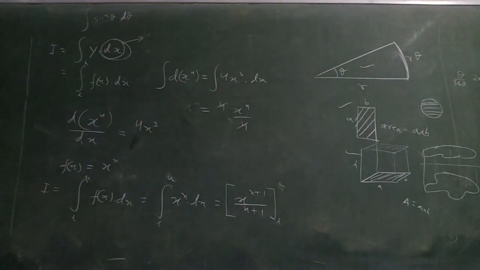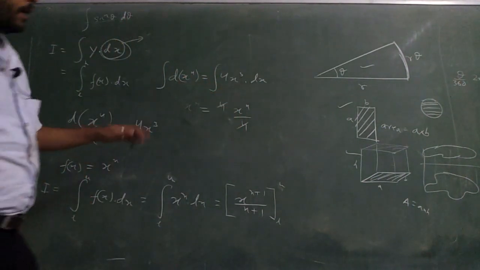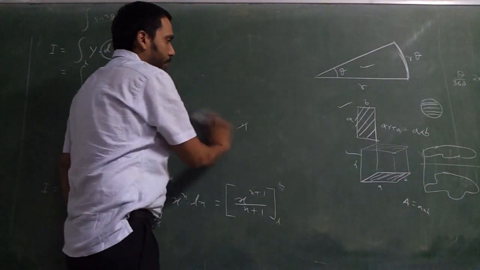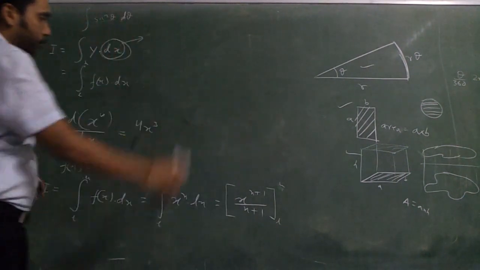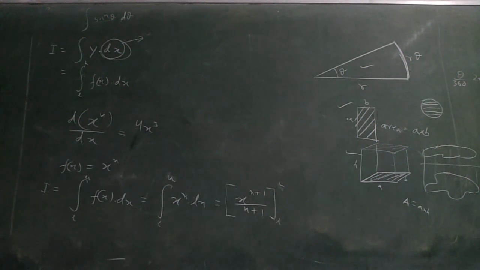Is it clear? But I'm not going to go into this right now. You will do this in detail when you are actually doing integration fully. What I am going to do today is how to use this formula. There are 3-4 formulas, there are many formulas.